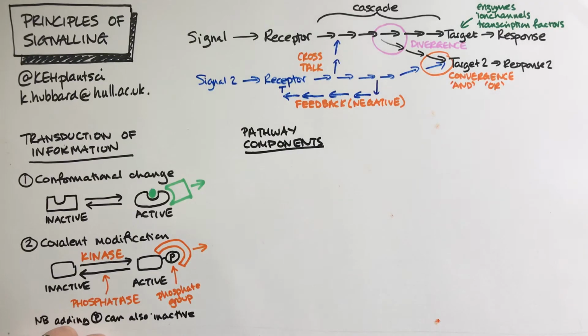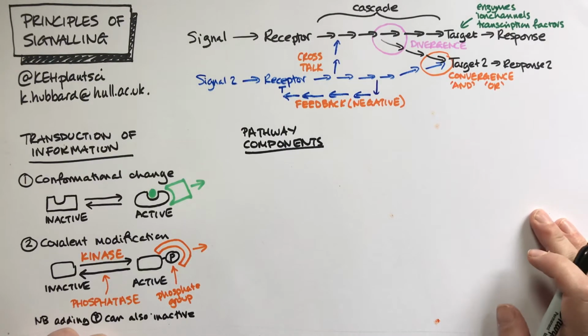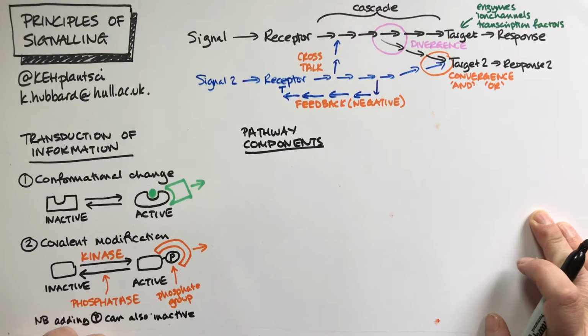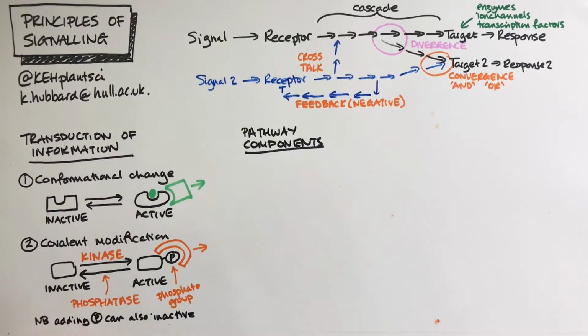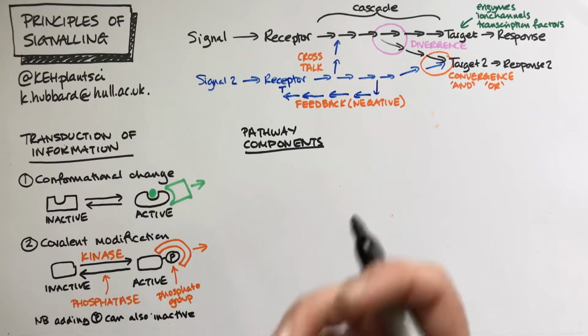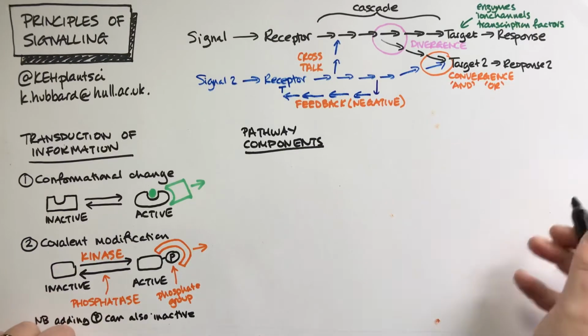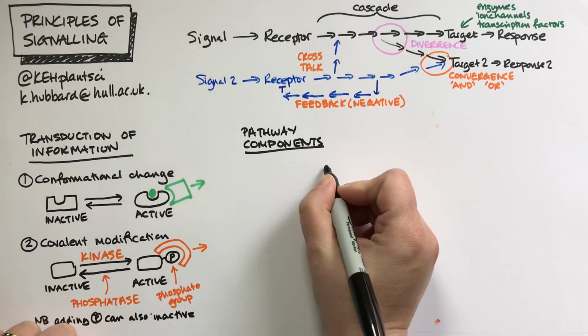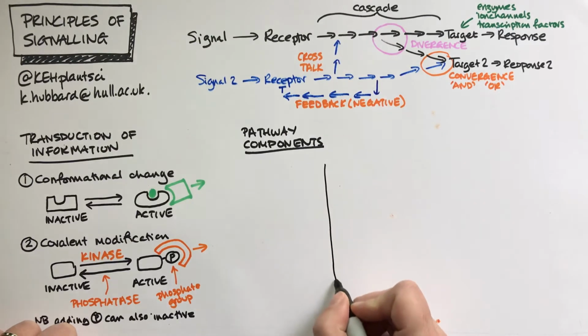So let's now think about pathway components. I'm going to do this with a kind of stylized signalling pathway. I'm not going to talk about a specific signalling pathway. This is a representation of a typical pathway, so I'm not going to populate it with actual proteins. I'm going to focus on the concepts. So let's think about our cell.